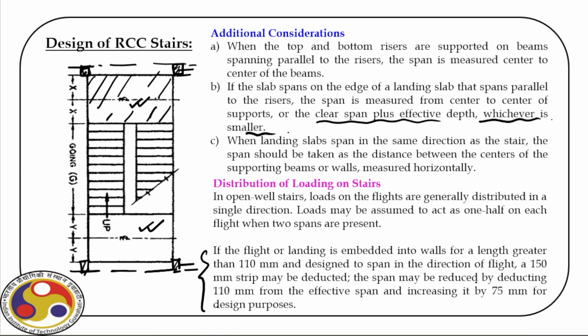The span length may be reduced by deducting 110 millimeter from the effective span and increasing it by 75 millimeter for the design purpose, right? And as I already told you, we are going to consider end columns. Between columns we have beams, and accordingly we have to design. So in our case, we'll have no walls, but if there is a wall, accordingly you can adjust the effective length and the loading on the stair.